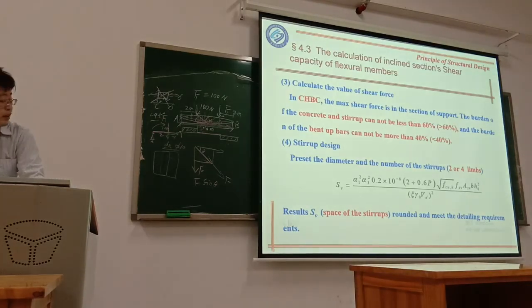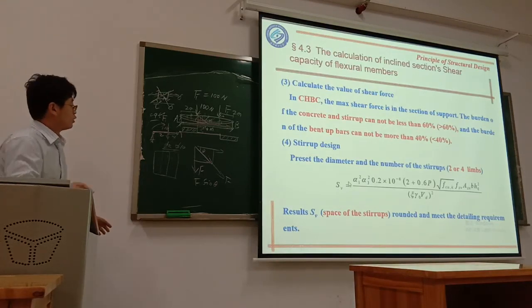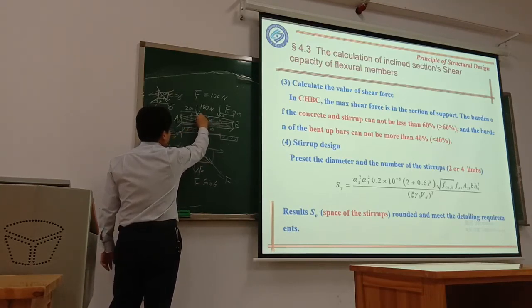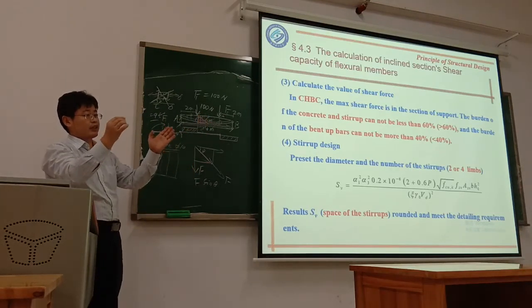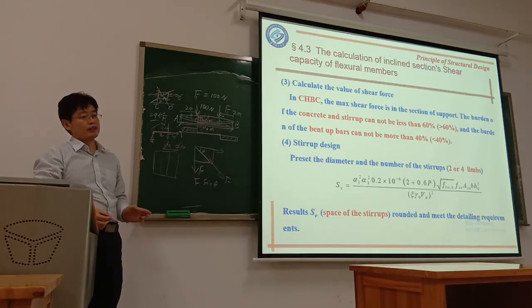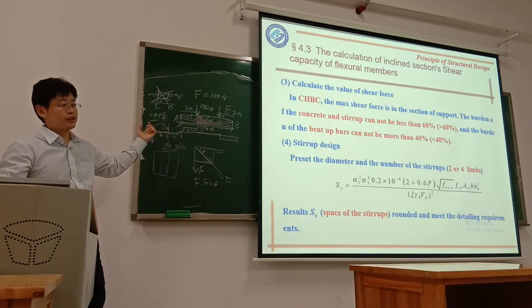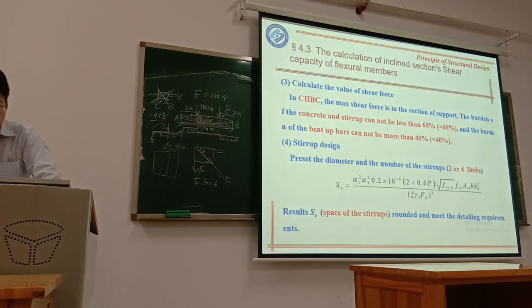And then we can use this equation to calculate the spacing, because this stirrup is one circle, one circle, one circle. But how large is the distance between each stirrup, you need to calculate. That's what we need to design, calculate and determine. So use this equation, S V equals R1, R3, and all this. I think in this equation everything is known.